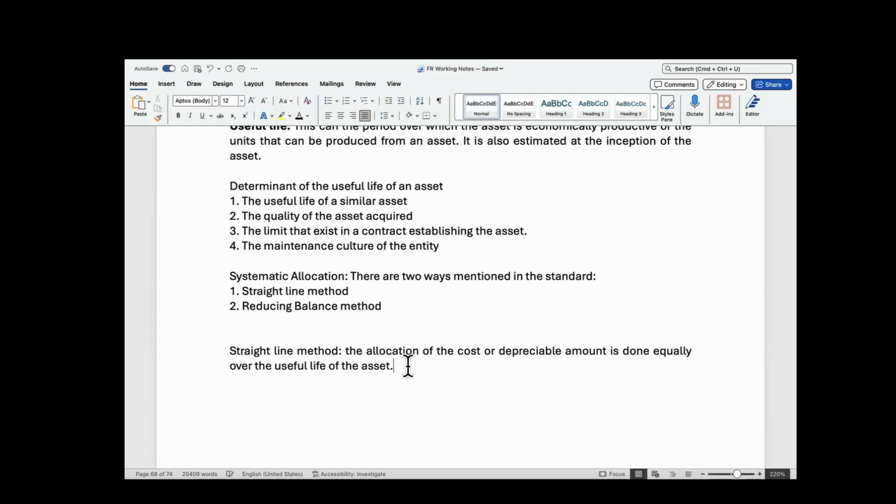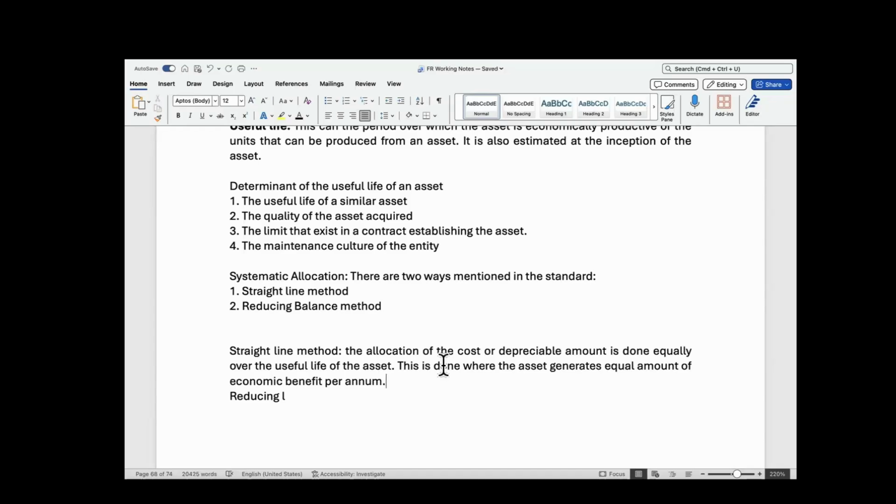So we allocate the cost or depreciable amount equally over the life of the assets. And let me write one more sentence to this. This is done where the assets generate equal amount of economic benefits per annum. So the right method to use is straight line.